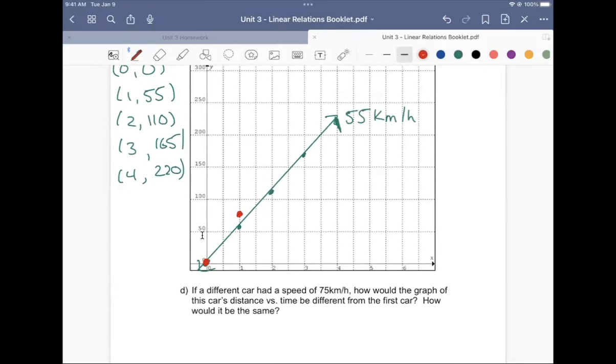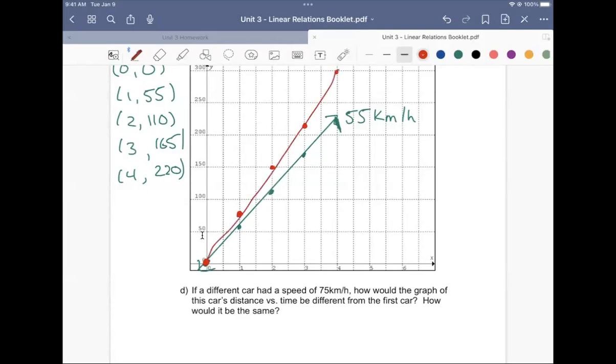After the second hour, I'm going to add another 75 to that. So now I should be at 150. If I go another hour, that should bring me to 225. And if I go another hour, that should bring me to 300.